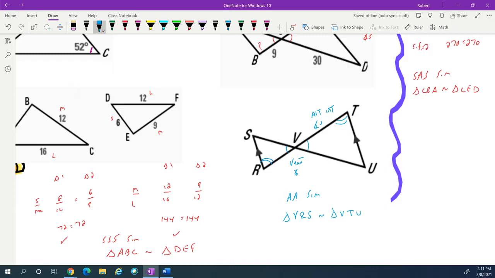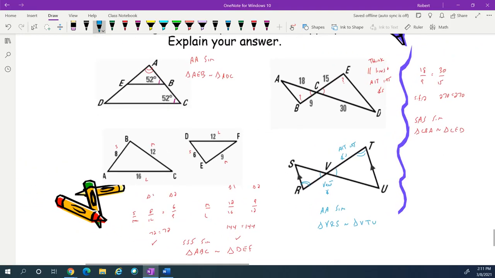So we have to test proportionality to see if those triangles are similar. When triangles are similar, the sides are proportional. Are the triangles similar? Is asking us, are the sides proportional? So we test them. And that's how we can determine AA similarity, SSS similarity, and SAS similarity.